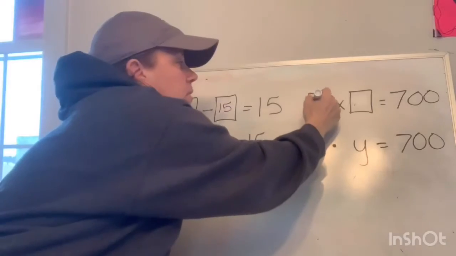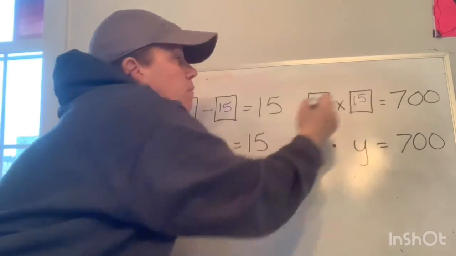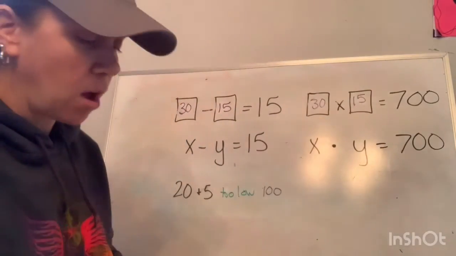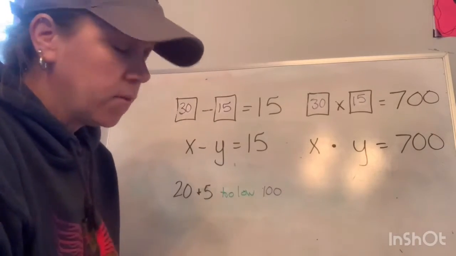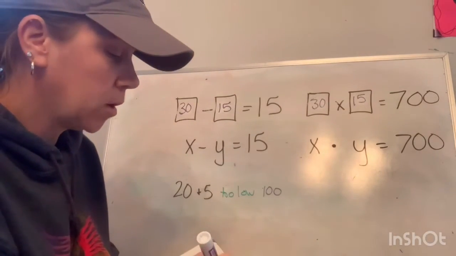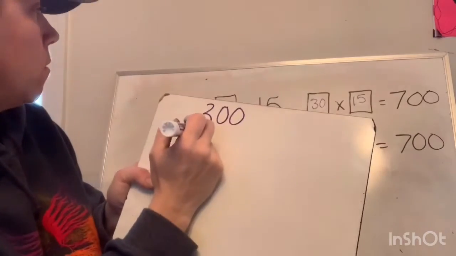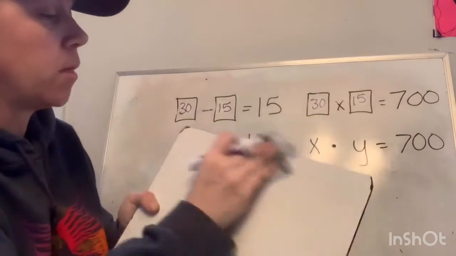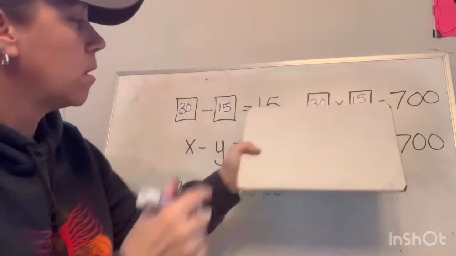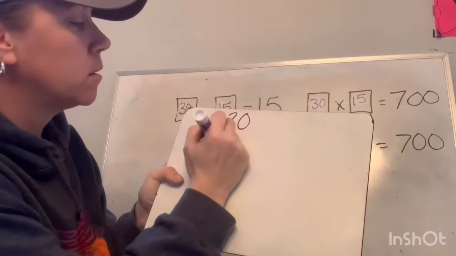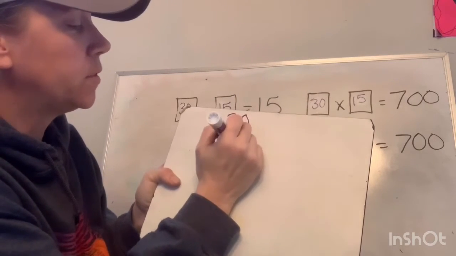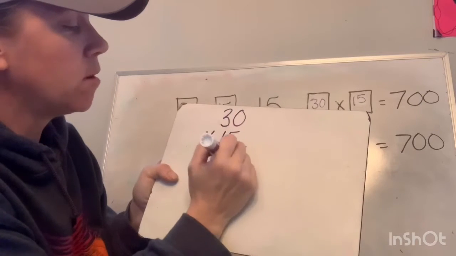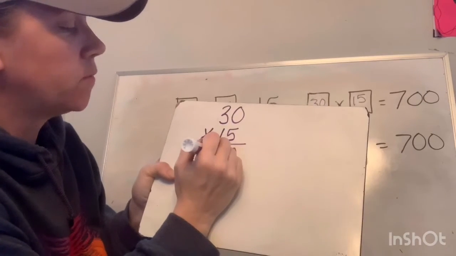So now I have to see if 30 times 15 is going to equal 700, or if it's going to even be close. So I'm going to multiply 30 times 15. 5 times 0, 5 times 3 is 15.